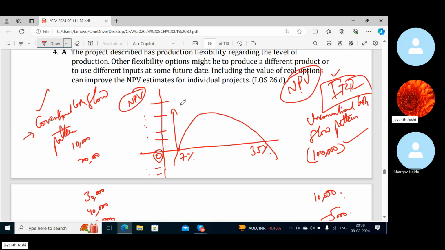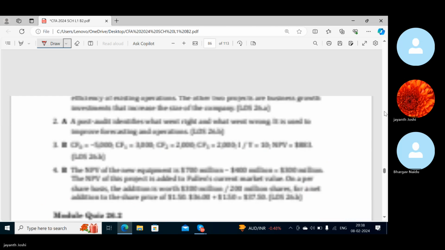So here you got one IRR, and also at 35% you got another IRR, and this is because of the unconventional cash flow pattern. Now, how will you decide whether to take this project or not? Because it is giving you two different returns. How is that possible? In the case of NPV, if you get positive or negative, that's more than enough for you to pick the project. That is the concept. What they are saying theoretically, I have explained practically.